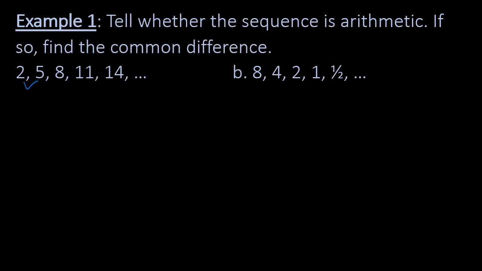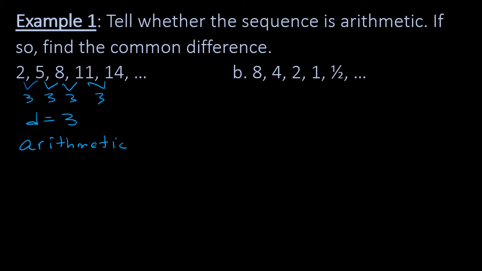The difference between these two numbers is 3. 8 minus 5 is 3. 11 minus 8 is 3. And 14 minus 11 is also 3. So I have a common difference of 3. So this is an arithmetic sequence, a list of numbers that has a common difference.